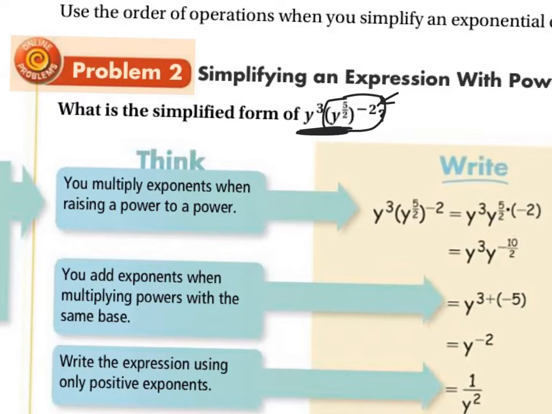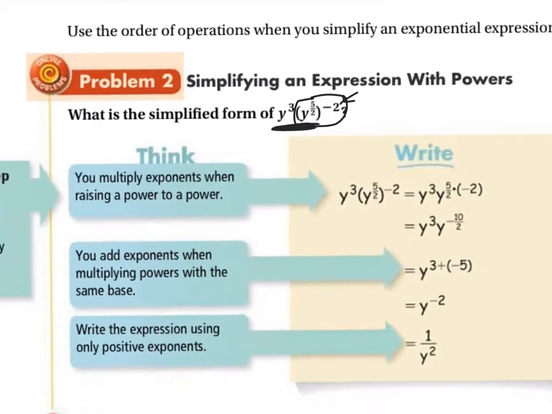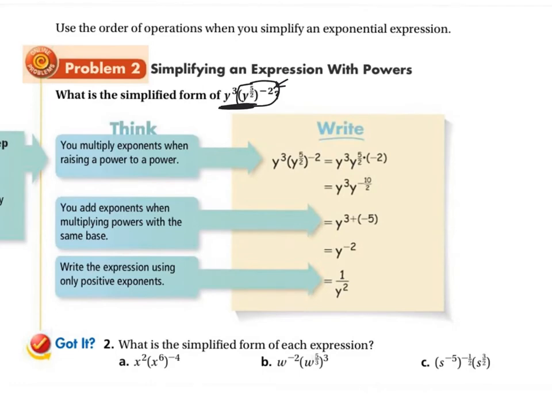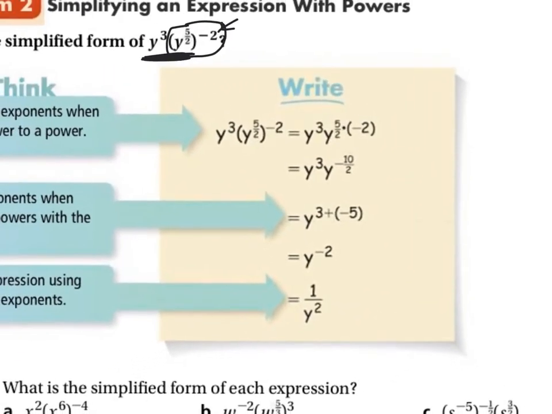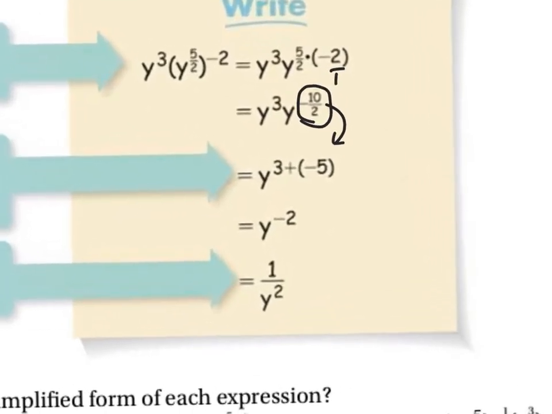We don't do the multiplication before we deal with the exponents. So what the book's doing is they are rewriting the problem. And then this -2 we could put as -2/1. If you multiply, that would be -10/2. -10 divided by 2 is -5. And then at that point, I would have maybe done a separate step here.